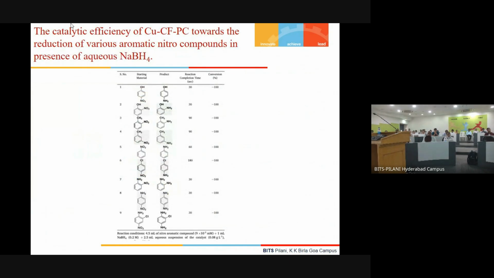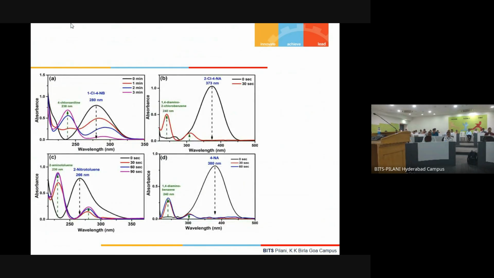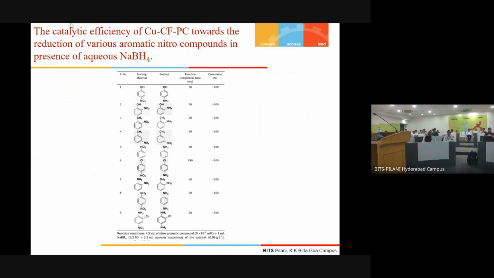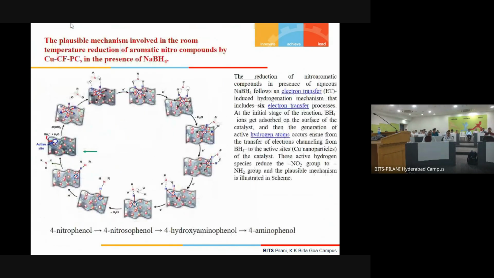So, quickly, we have used this as a multifunctional catalyst. We have also done hydrogenation reactions. First we started with a very standard, well-known technique, the reduction of 4-nitrophenol to 4-aminophenol, and then we did several nitrobenzene compounds and evaluated their properties.